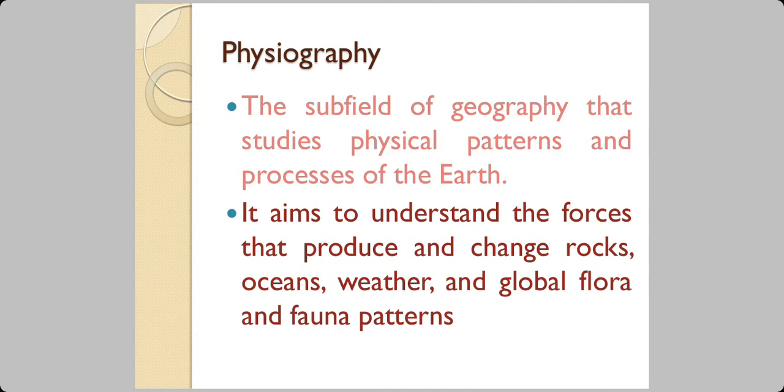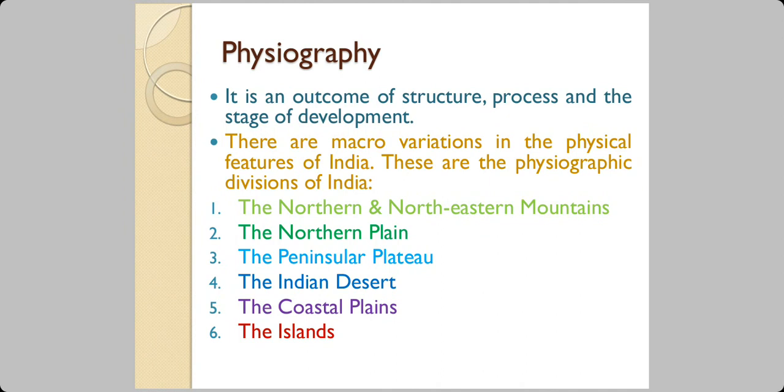Now, physiography is the subfield of geography that studies the physical patterns and processes of the earth. This is the definition of the word physiography. Now, it aims to understand the forces that produce and change rocks, oceans, weathers, and global flora and fauna patterns.